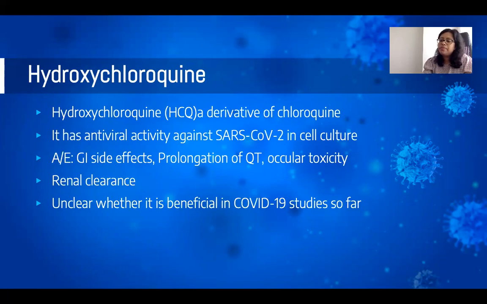And just to touch on its side effects, when we prescribe hydroxychloroquine to our rheumatoid patients, we warn them about GI side effects and ocular toxicity with long-term use. But perhaps more relevant in the acutely unwell patient setting is prolongation of QT. And I think in some of these trials, the hydroxychloroquine doses were much higher than what we would normally give our rheumatology patients.